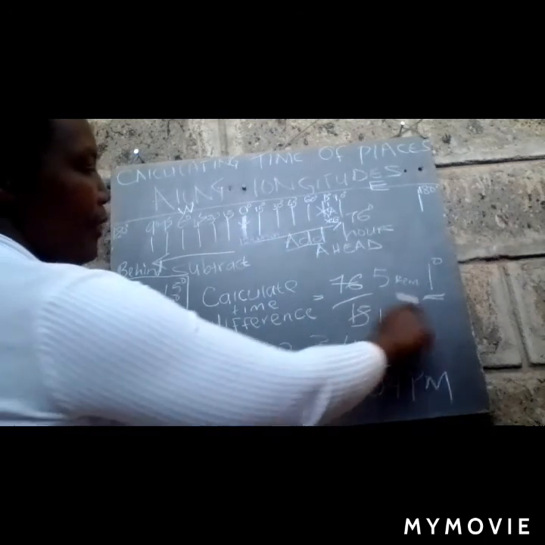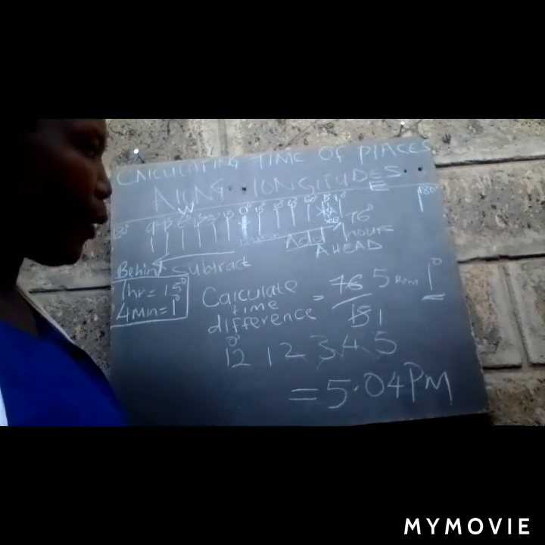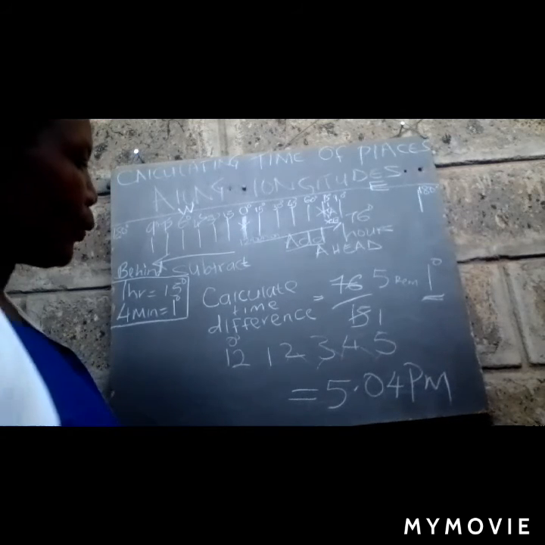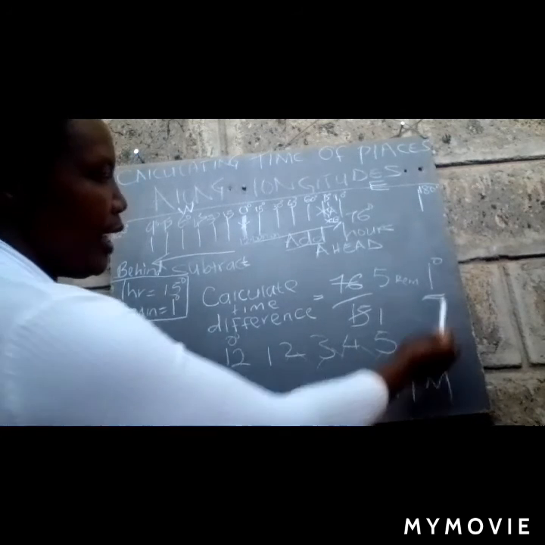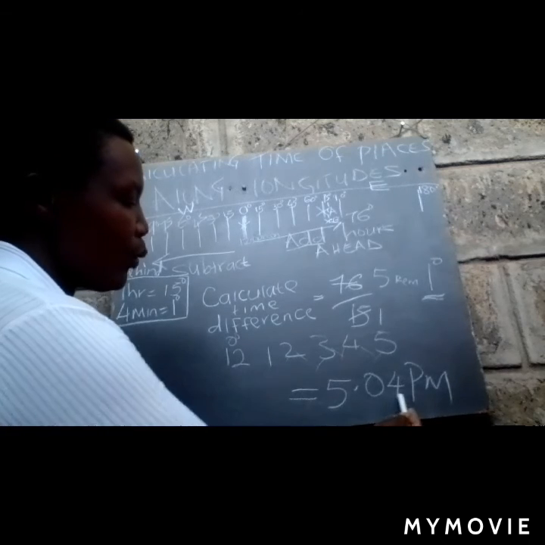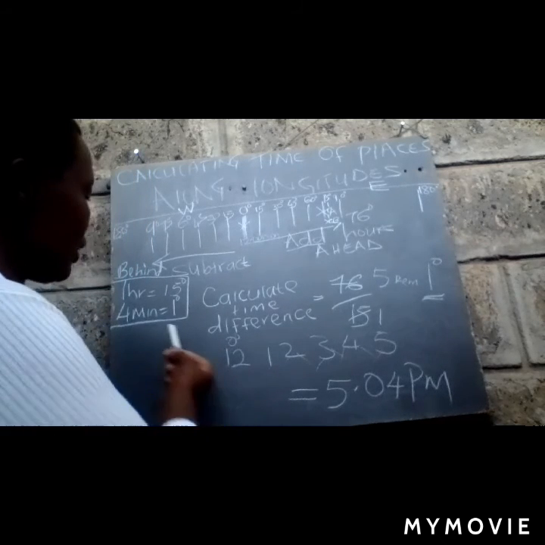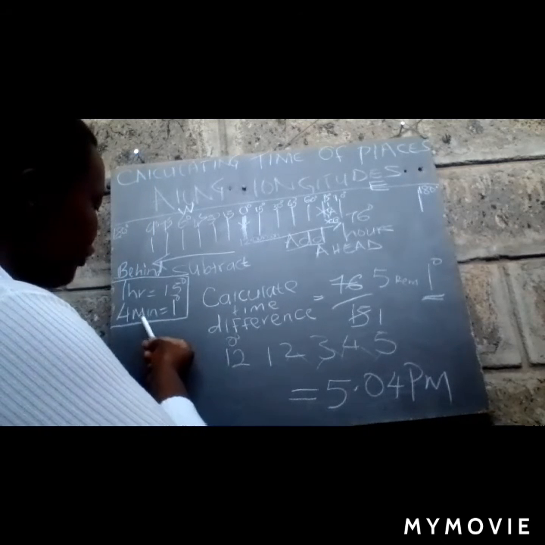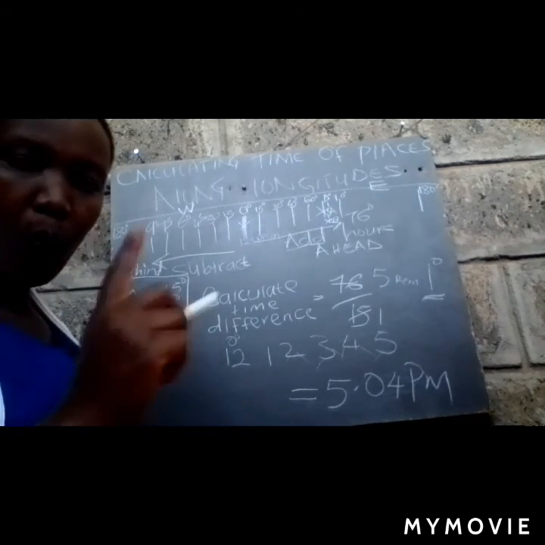Therefore, we add the time difference, the hours, and we get 5 hours. And because of our remaining degree, we shall have 4 minutes, because the earth takes 4 minutes to rotate 1 degree.